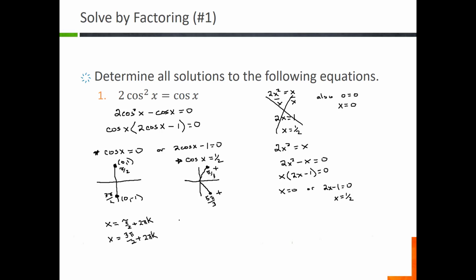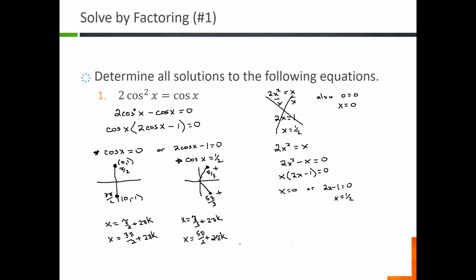So if we write those out, expressing the infinitely many solutions, we'll have x equals pi over 3 plus 2 pi k. And then we'll also get 5 pi over 3 plus 2 pi k.